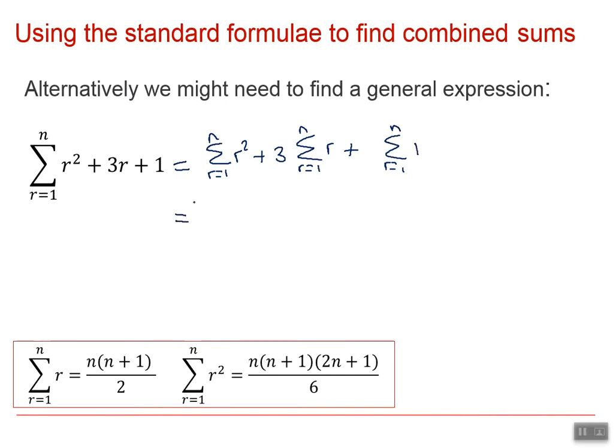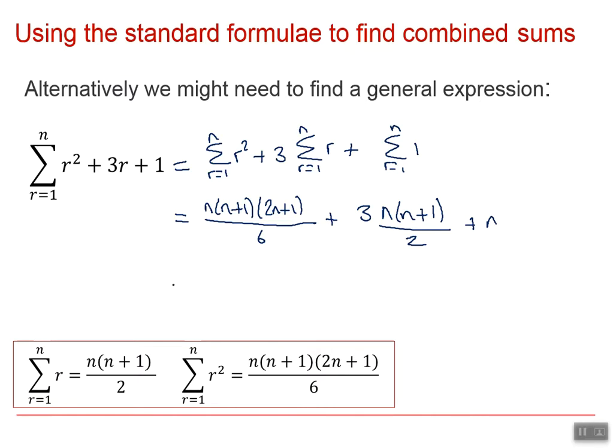And if we use the formula here, we have n times n plus 1, 2n plus 1 over 6 plus 3 times n times n plus 1 over 2 plus n.